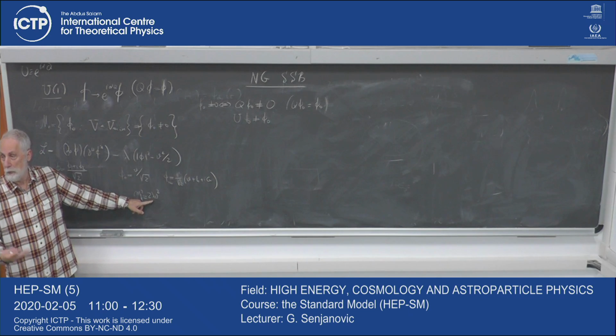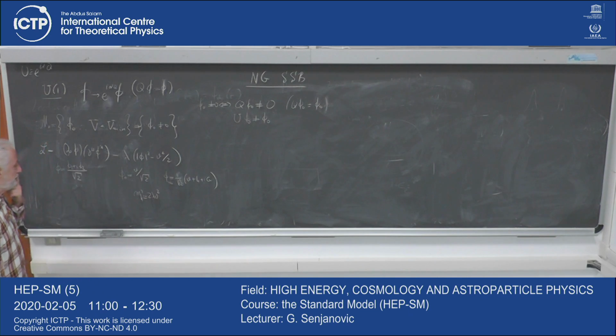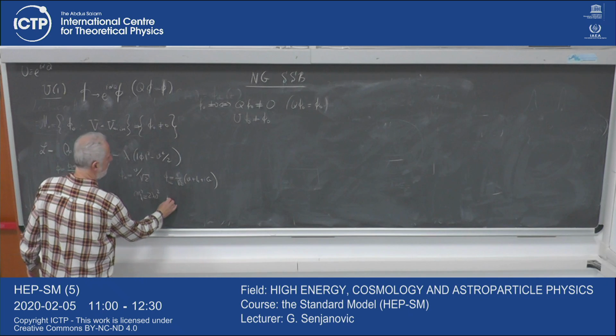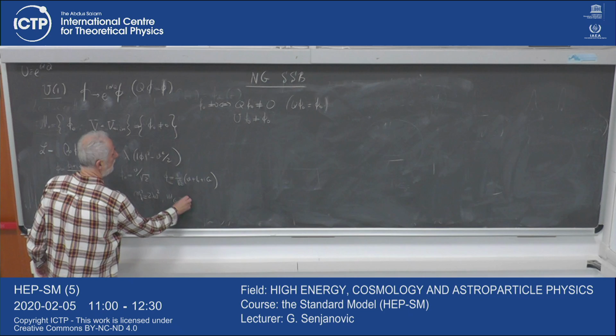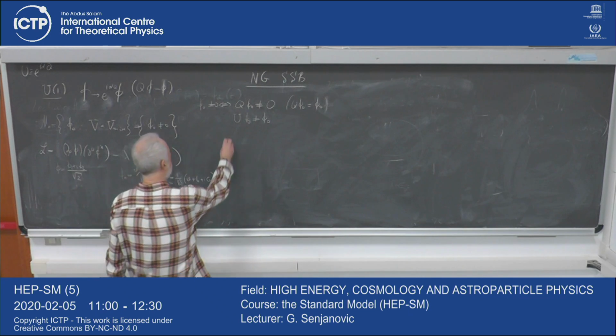If lambda is 0, it won't know that there is a non-trivial vacuum. So, for example, for a gauge boson, you can make a guess. What's going to be the mass of a gauge boson? It's going to be proportional to v, where what will enter will be a gauge coupling. What else? And then we found that m_g is 0. And then we added a fermion.